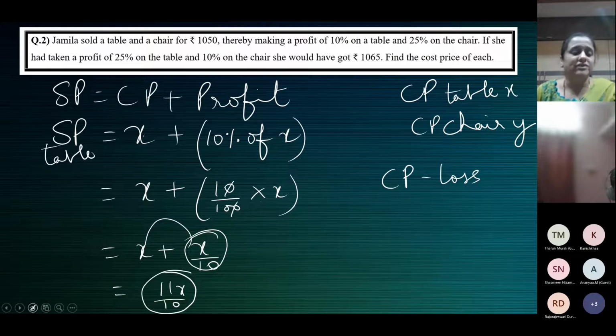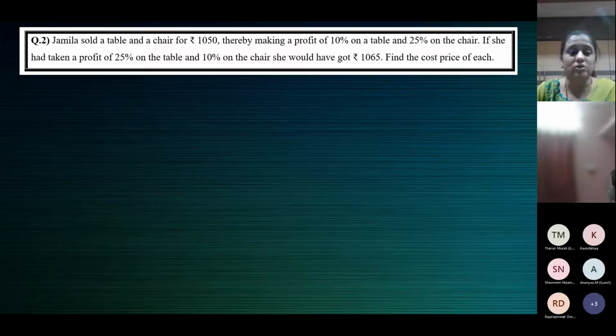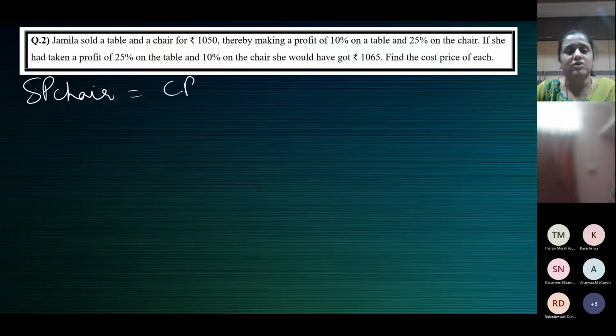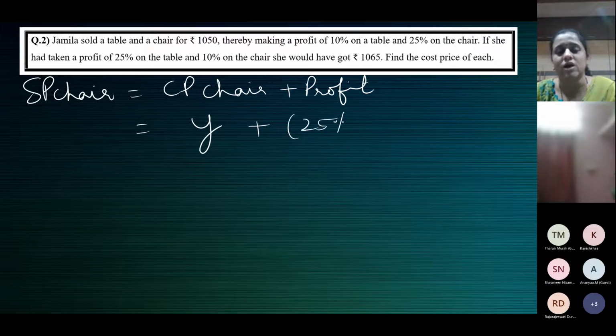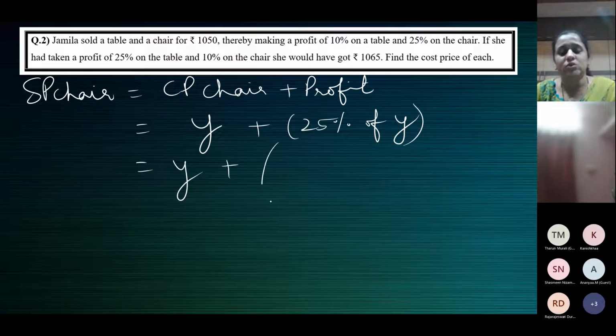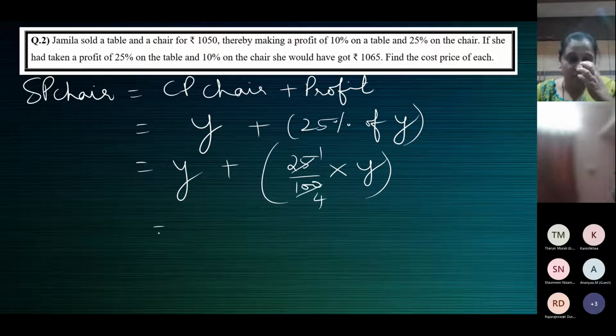This is how we find the selling price of the chair also. Selling price of the chair will be the cost price of the chair, Y, plus the profit on selling the chair, which is 25% of Y. So it's Y plus 25 by 100 into Y. You can simplify and it's Y by 4.